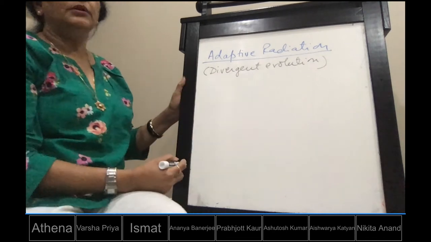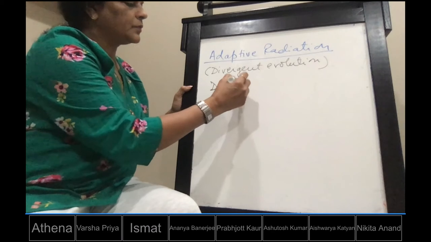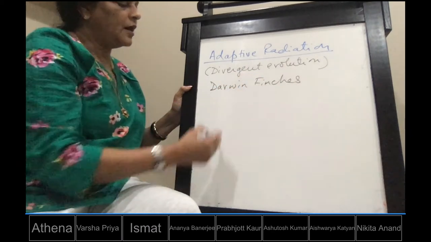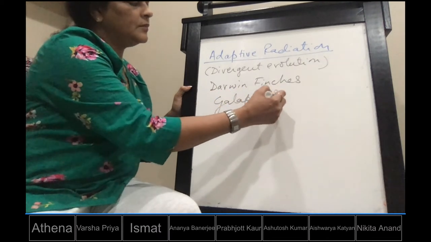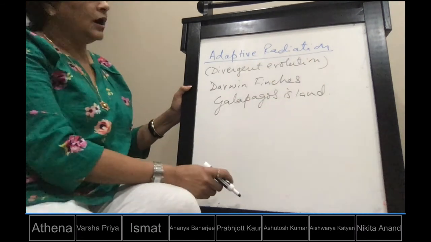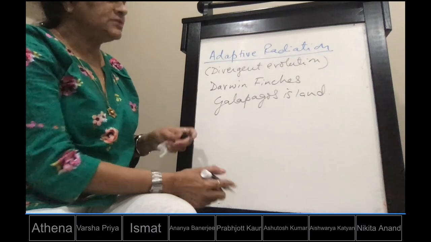I'll give the example of Darwin finches. Darwin finches found on Galapagos Island. Darwin finches, which is found on Galapagos Islands.